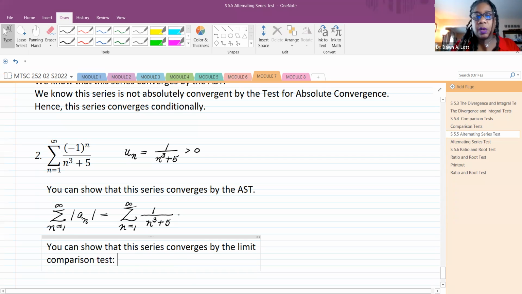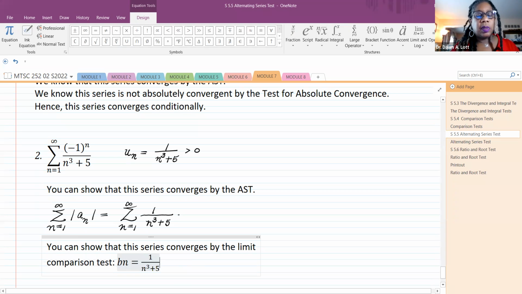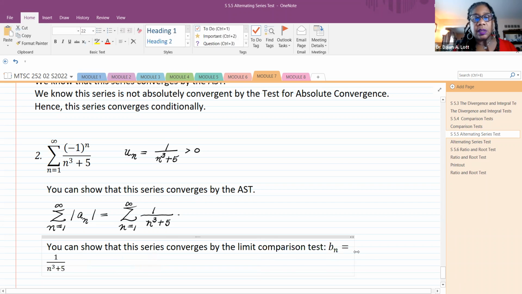For us, we'll use b_n equal to 1 over n cubed plus 5.